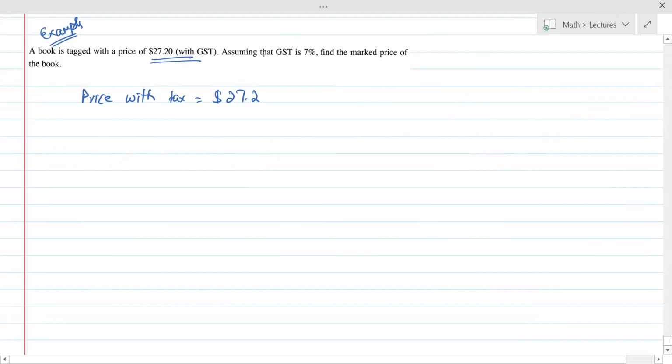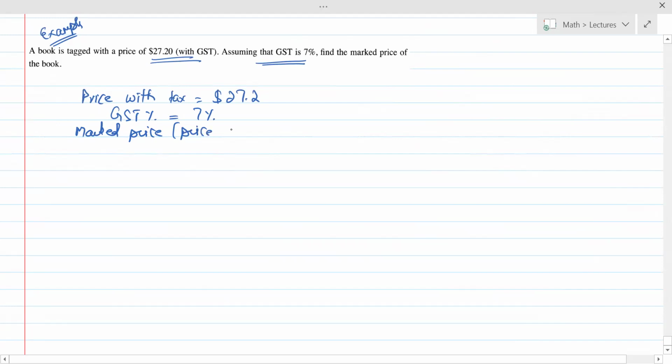Assuming that GST is 7%. So GST is 7% means the tax applied is 7%. Find the mark price. Mark price means the price before the tax is added.